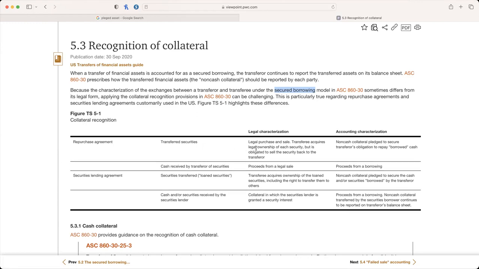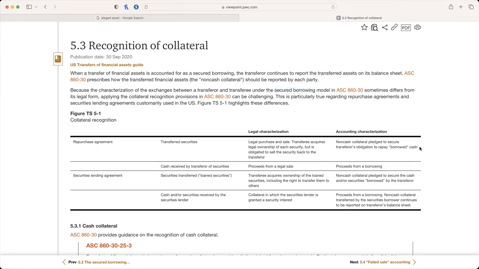So go and read this. Legal purchase and sale: Transferee acquires legal ownership of each security, but is obligated to sell the security back to the transferor. Accounting characterization: Non-cash collateral pledged to secure transferor's obligation to repay the borrowed cash.